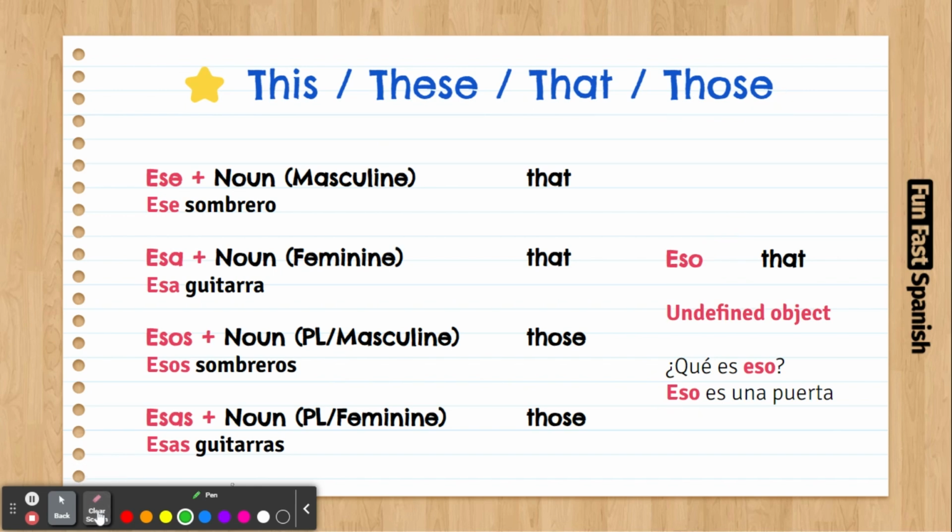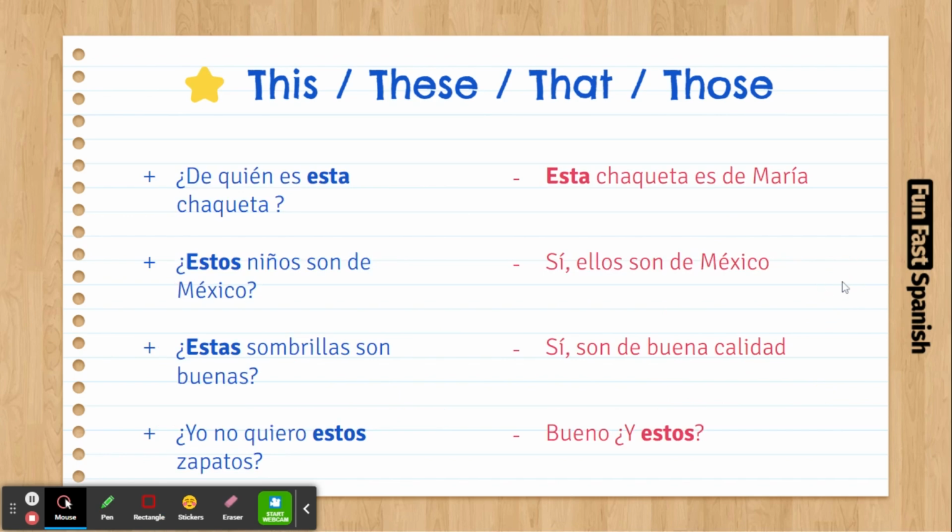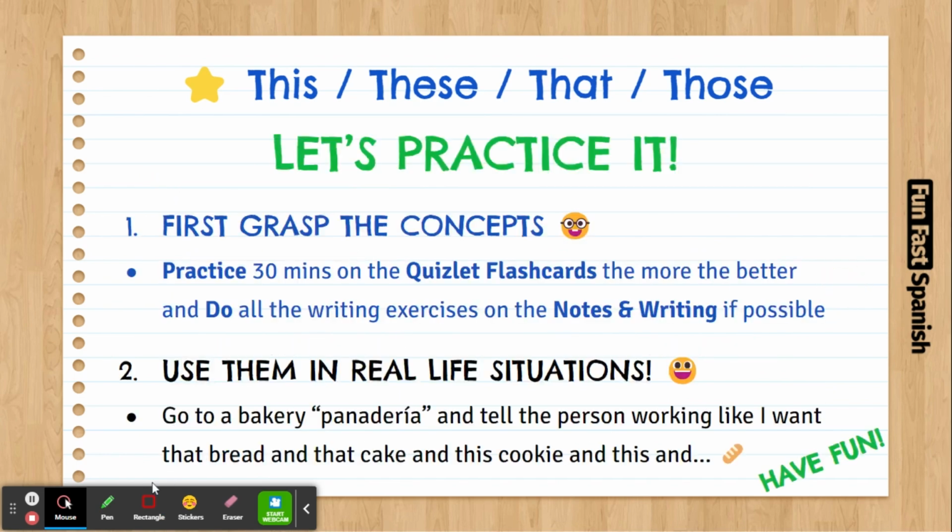Let's have a look at how to practice this. First of all, study your Quizlet flashcards for 30 minutes, 20, 40 minutes. Do your notes and writing if writing helps you learn. And then you're going to use them in a real life situation. Go to a bakery.